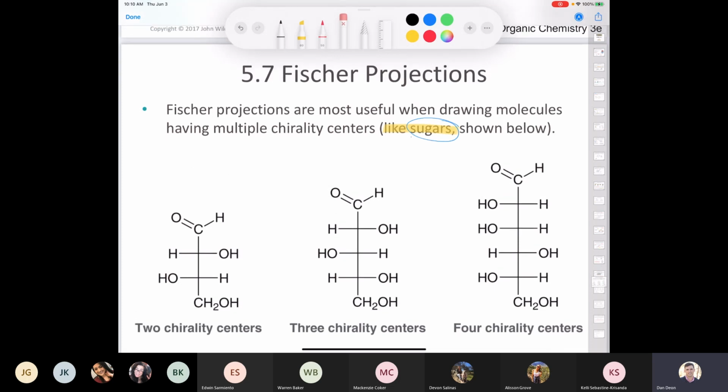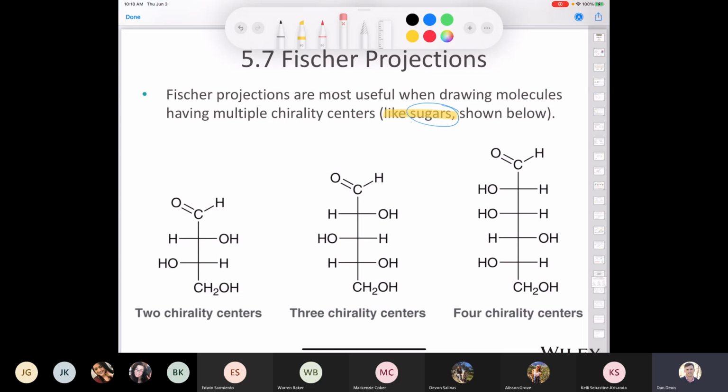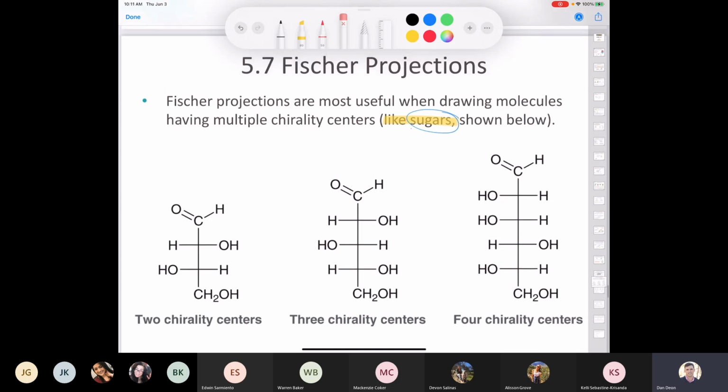And so he developed the Fischer projection because it was a much more rapid way to communicate the structures of sugars that have so many chiral centers. It gets daunting, it gets cumbersome. And so that is why the Fischer projection was developed.